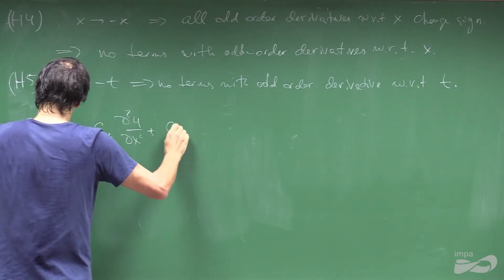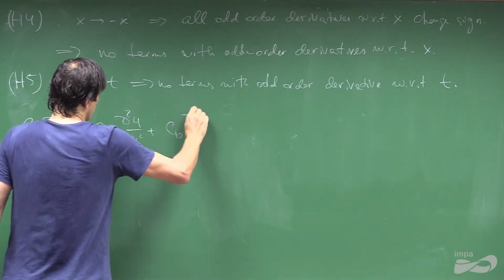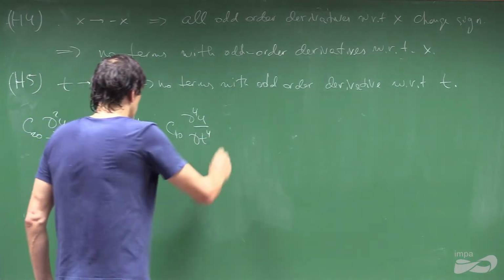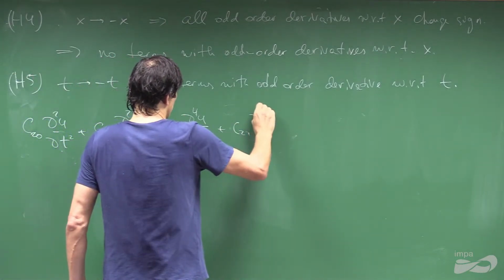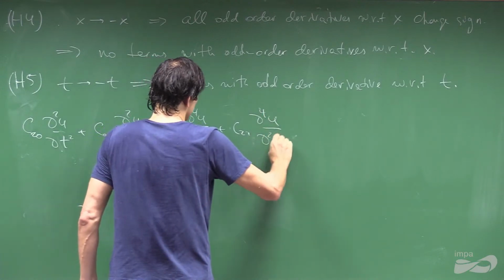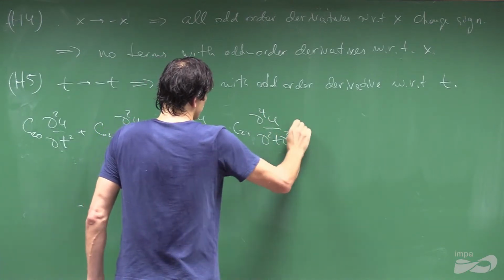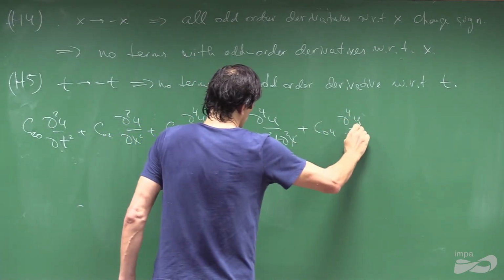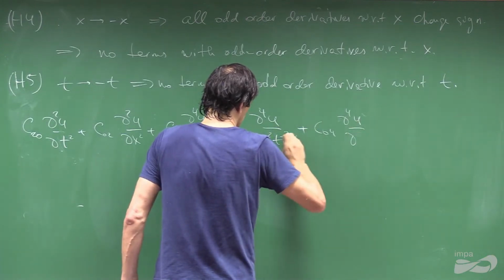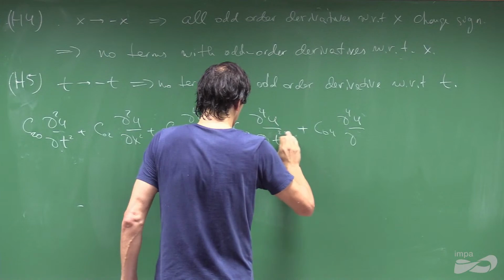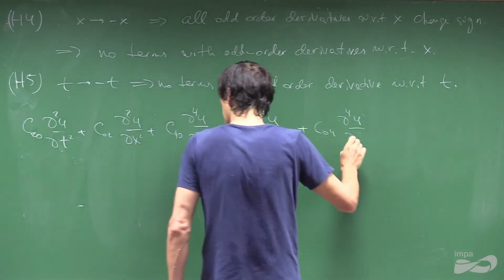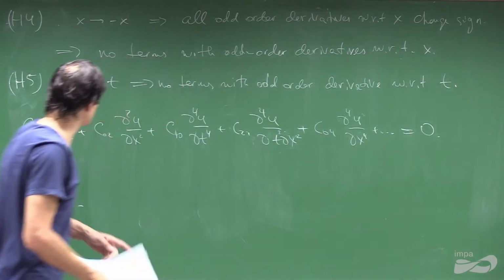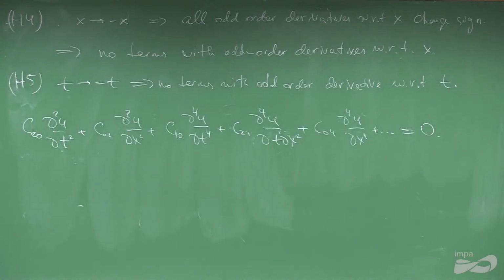Then it will be C40 fourth derivative plus C22 and plus C04, etc. So this is an equation where only even order derivatives are present.